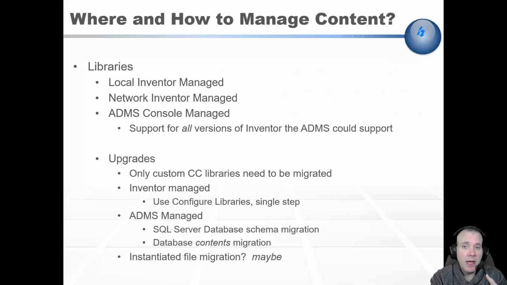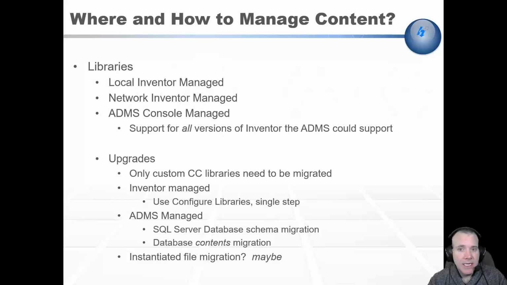So first one is local managed, the second network Inventor managed. The third would be letting your Vault or your Autodesk Data Management Server, your Vault server, manage those libraries. And it's important to understand that an ADMS can manage any version of Inventor Content Center library that could interact with that Vault.